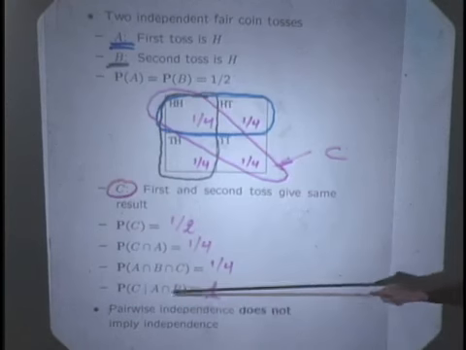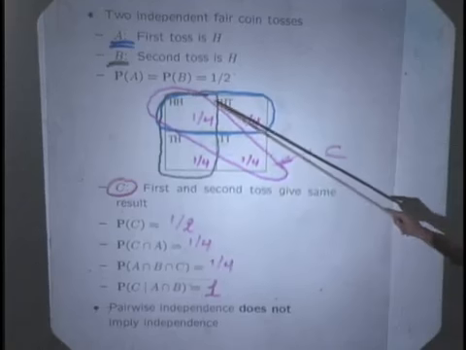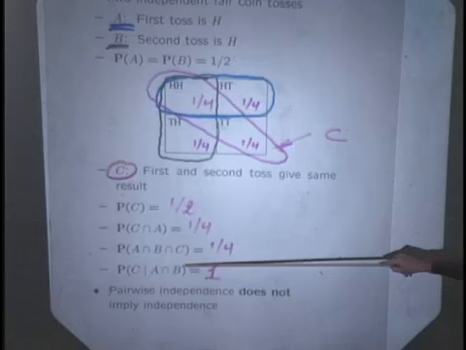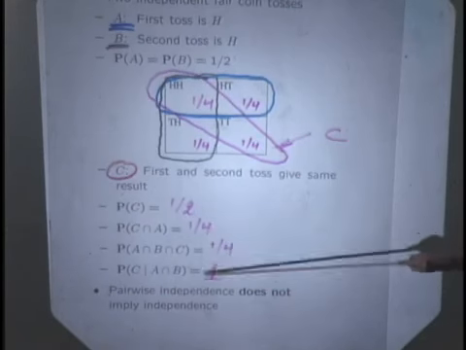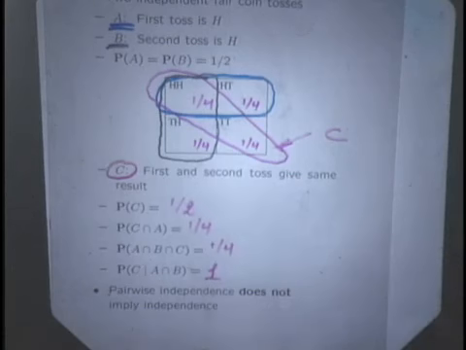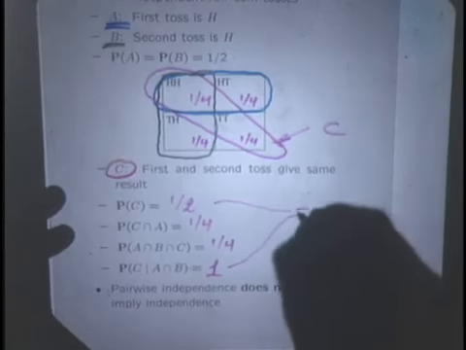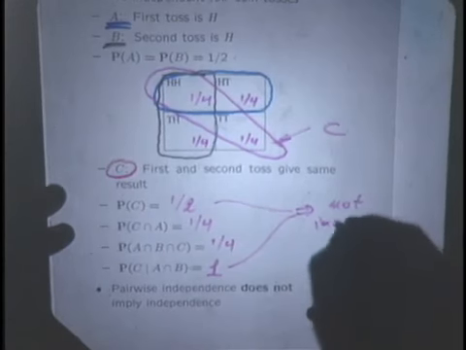But if I tell you that events A and B both occurred, then you're certain that C occurred. If I tell you that we had heads and heads, then you're certain that the two outcomes were the same. So the conditional probability is different from the unconditional probability. So by combining these two relations together, we get that the three events are not independent.